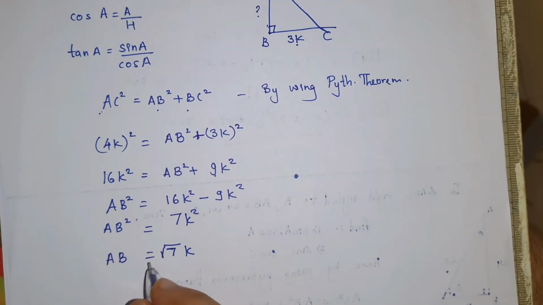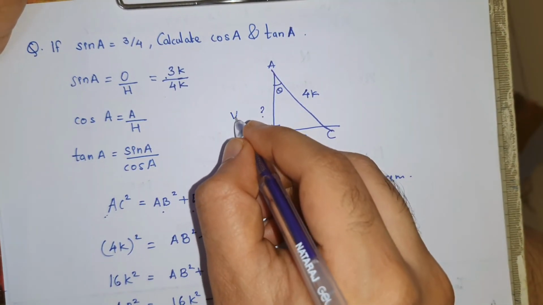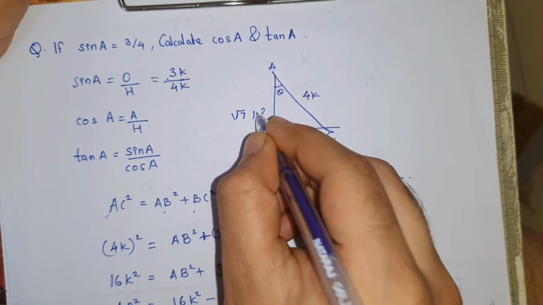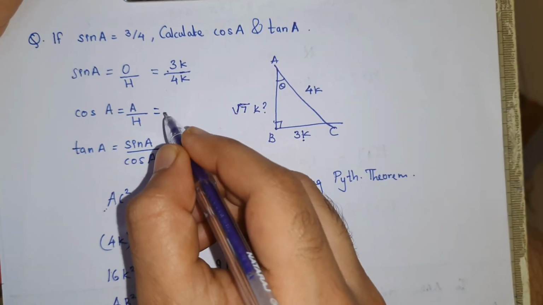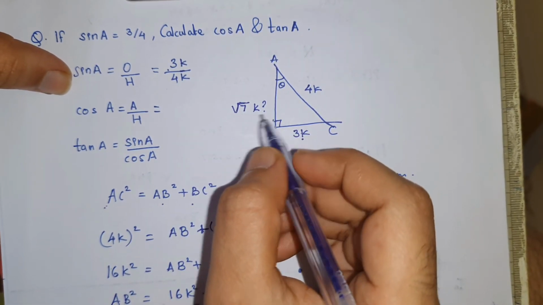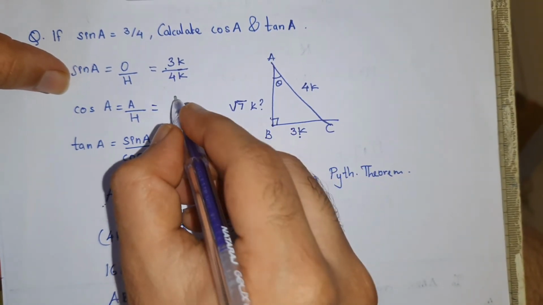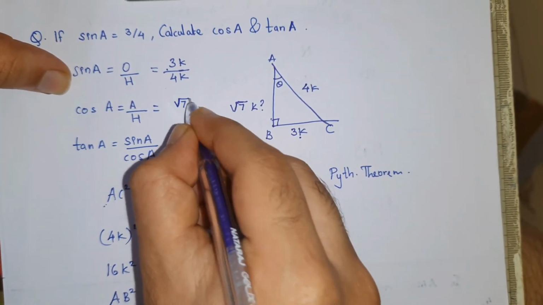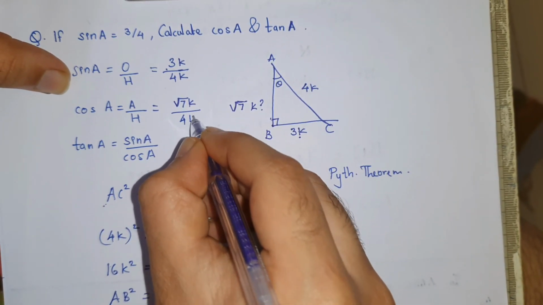Now as we have got the value of AB, we substitute here root of 7 k, and here cos of A is equal to adjacent upon hypotenuse, that is AB upon AC, that will be equal to root 7 k upon 4k.